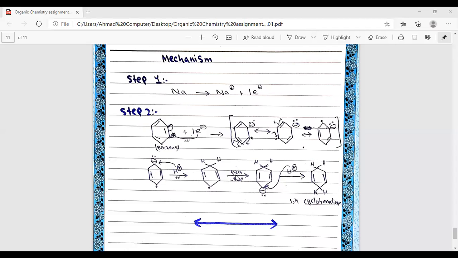In this structure, again the sodium loses one electron, and we form this structure. There is again protonation, and it reacts on these carbon atoms, and finally we form 1,4-cyclohexadiene. Here is the mechanism to form the 1,4-cyclohexadiene from benzene.